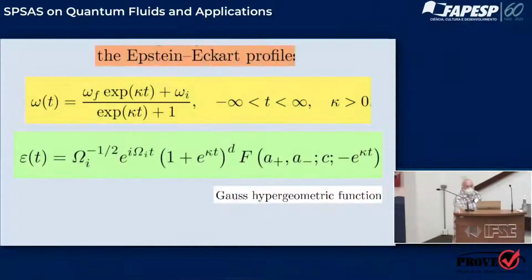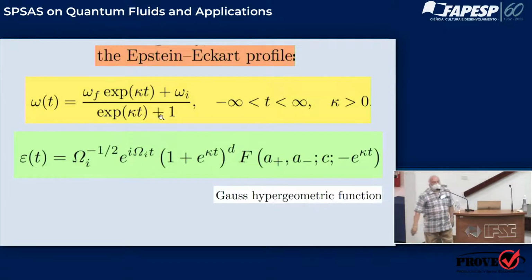And the most interesting result is obtained when we have very, very small variation. How to come to this result? There is one interesting special case of the family named Epstein-Eckart profiles. Do you see this combination of two exponentials in the numerator and an exponential in the denominator?